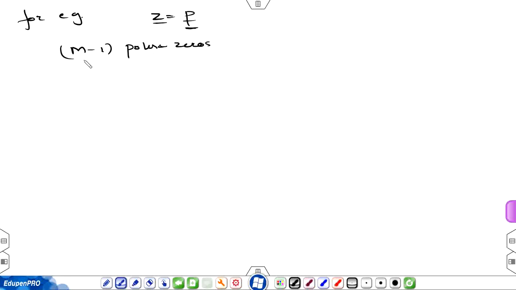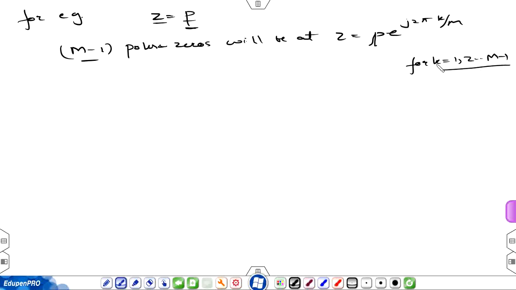For this pole we will introduce M minus 1 poles and zeros that will be at z equal to p e raised to power j 2 pi k by M for k equal to 1, 2 up to M minus 1. So the distance is fixed, the angle is changing, and by changing k like this, the angular spacings are fixed.